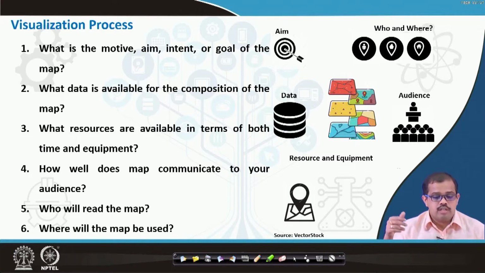Then, what resources are available in terms of both time and equipment? This may not be a real challenge in today's scenario, especially where you have high computing capability, but where there is no high computing capability, especially in rural parts, it may pose a serious issue.